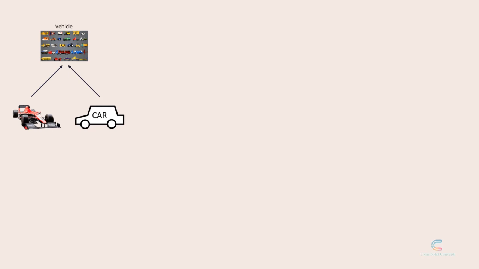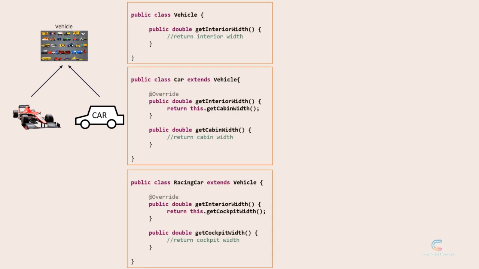First is the vehicle class, which has one method called getInteriorWidth. Note that it is neither cabin width nor cockpit width, but a much more generic abstraction called interior width. Next, we have the car class that extends vehicle. The car class overrides the getInteriorWidth, which in turn calls its getCabinWidth method internally.